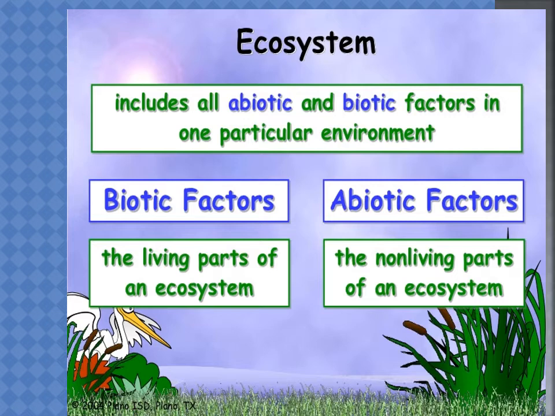Next, parasitism. What is parasitism? Parasitism is a non-mutual relationship between species where one species, the parasite, benefits at the expense of the other, the host.